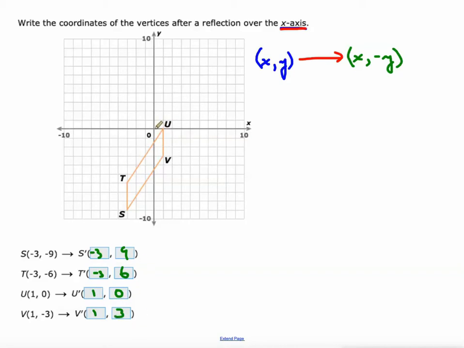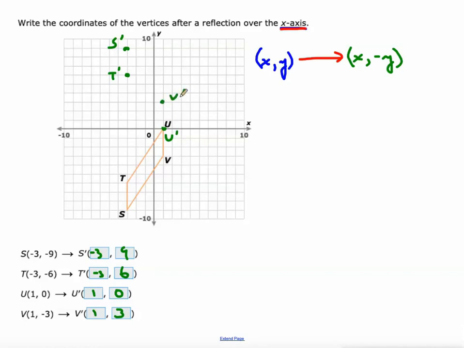Let's plot those points. Negative 3, positive 9. There's S prime. Negative 3, positive 6 is right here. So there's T prime. 1, 0 stays right where it was. There's U prime. And 1, 3 right here.